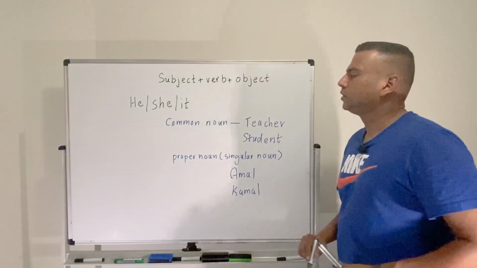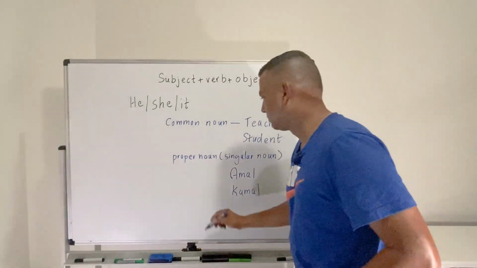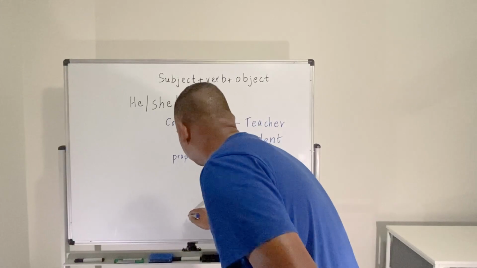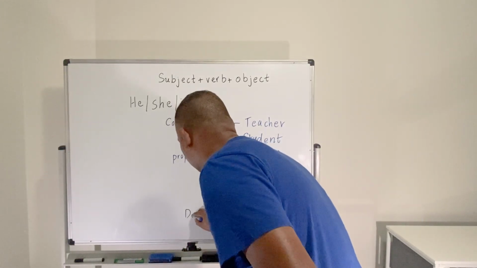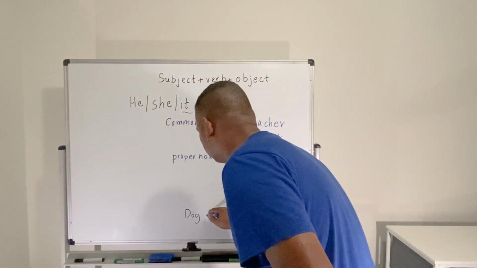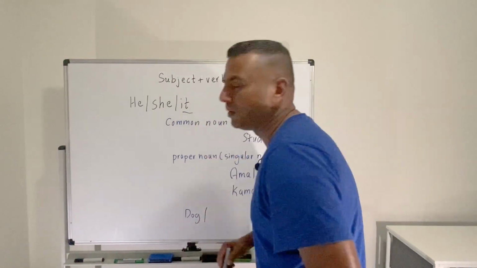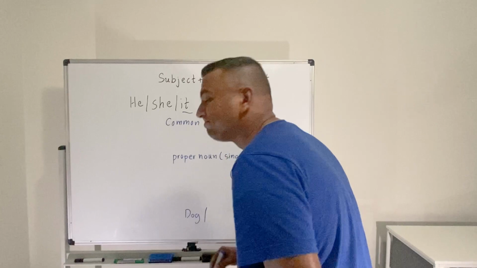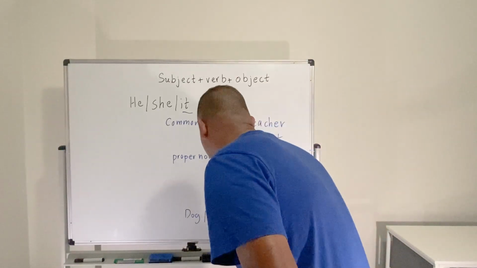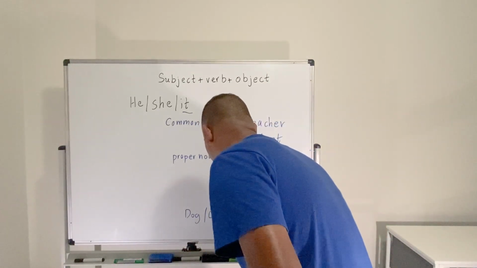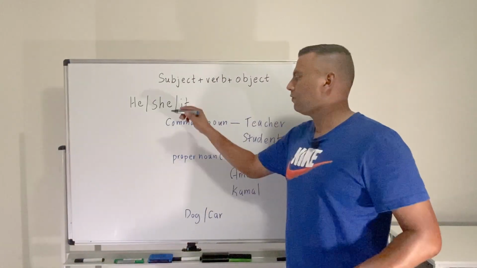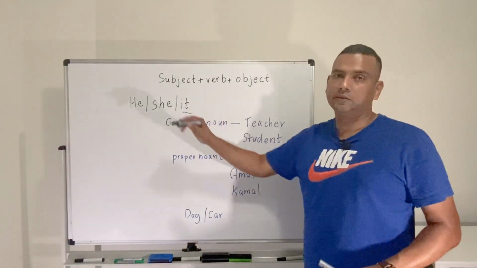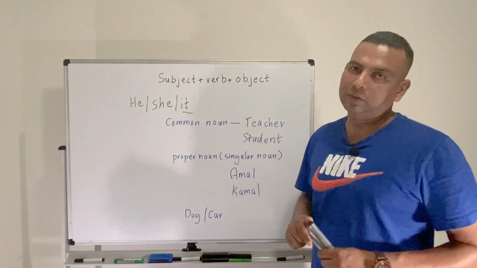And also we can think of an animal, it represents animals, dog, or maybe something which doesn't have any sort of life in it, like a car. So if you're using any of these things instead of he, she, it, the same rule applies.